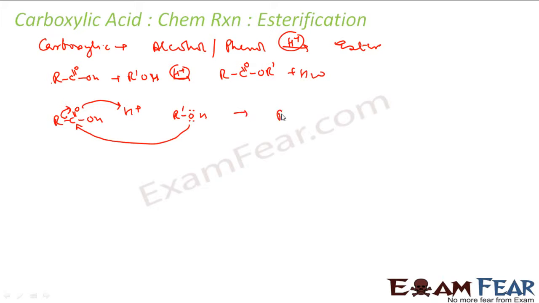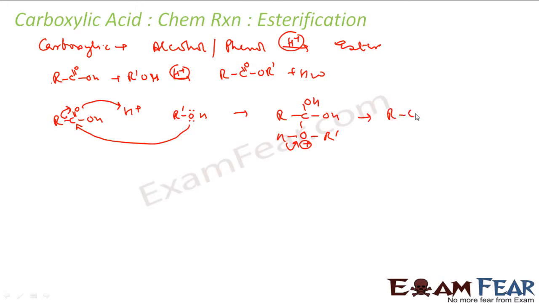So with this, what you get is OH, here OH, and here OR dash H, right? And since oxygen has given electron to carbon, it gets positive charge. Correct? Now this oxygen doesn't want positive charge, it will ask hydrogen to go off.